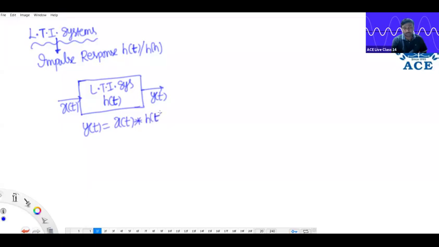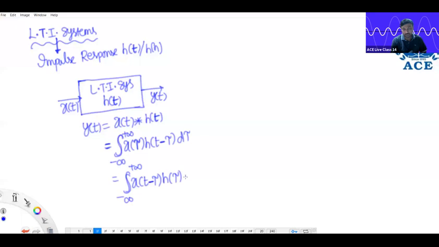Star operation denotes convolution. So what are the two standard formulas? Integral x of tau h of t minus tau d tau, or the other way, x of t minus tau h of tau d tau.